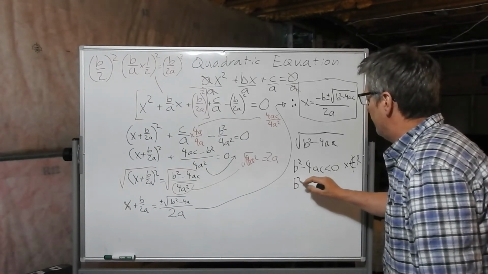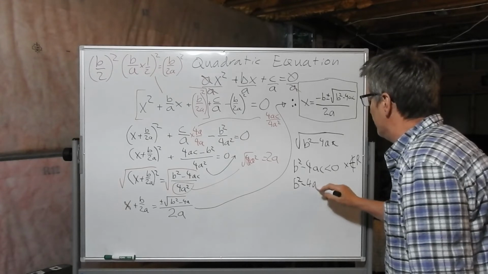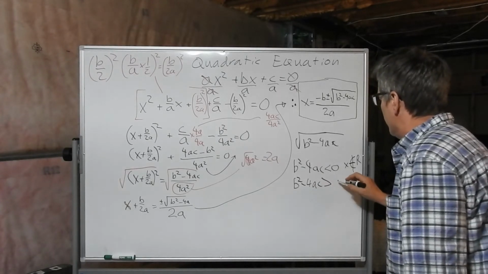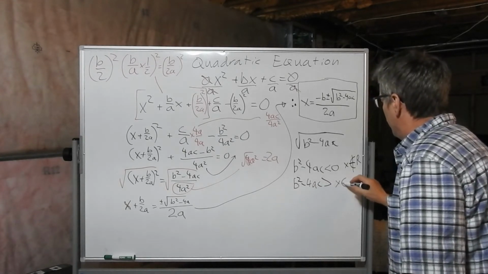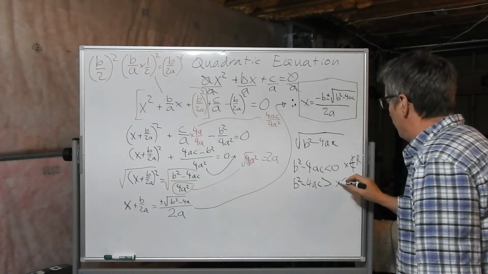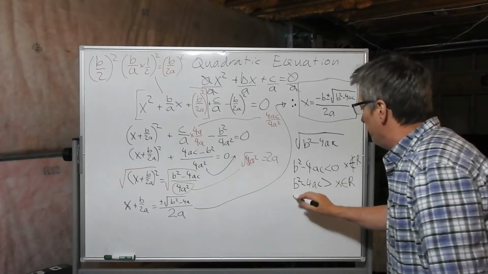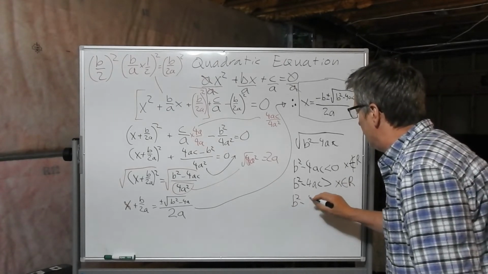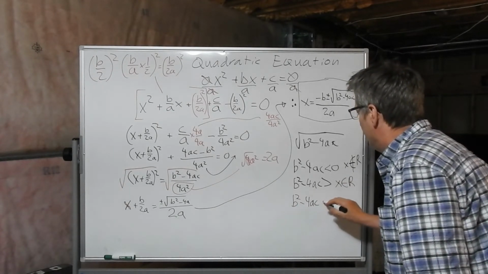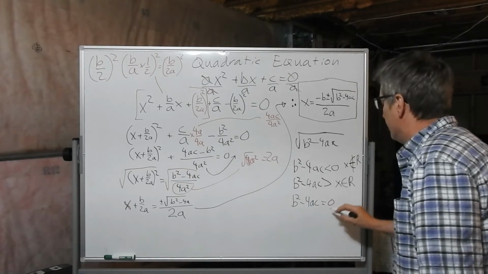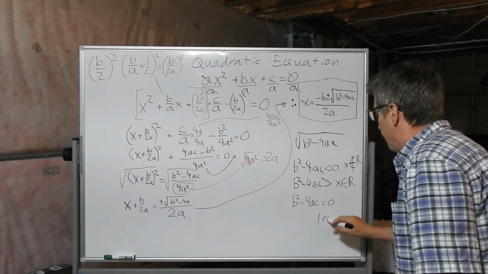Another thing, of course: if b squared minus 4ac is greater than 0, then you know you're going to have two real roots. There are possible solutions, so that's good to know. And if b squared minus 4ac happens to equal 0, you'll only have one answer.